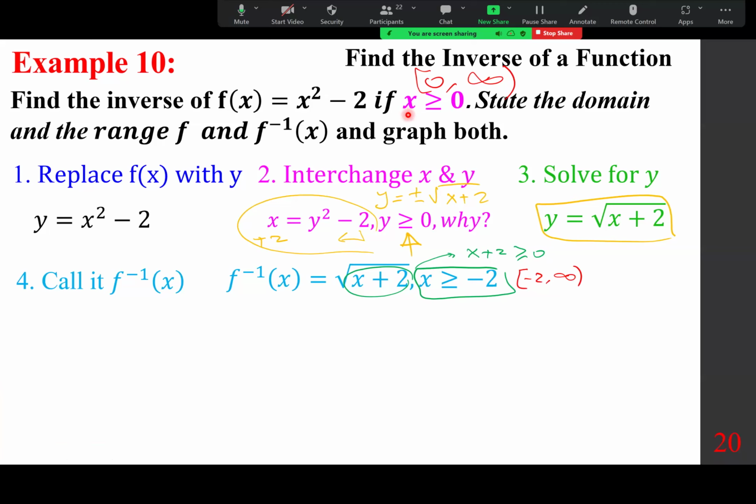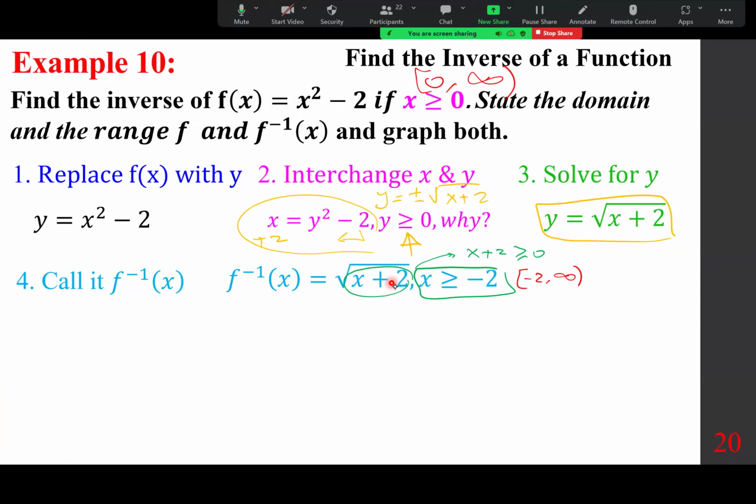If the domain for f of x is from 0 to infinity, the range for the inverse is 0 to infinity. If the domain for f inverse is minus 2 to infinity, the range for that one is minus 2 to infinity. And even the graph that I showed you indicates that. Now, let's verify the work by looking at the composite function.